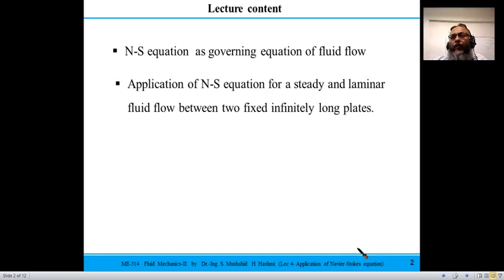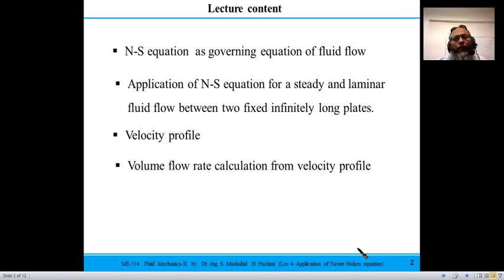And then we will have an application of the Navier Stokes equation for a problem in which we have a steady state situation and a laminar flow, and the flow is taking place between 2 fixed plates which are infinitely long. So we will solve the Navier Stokes equation in this part, and our solution would result in a profile, what we call a velocity profile.